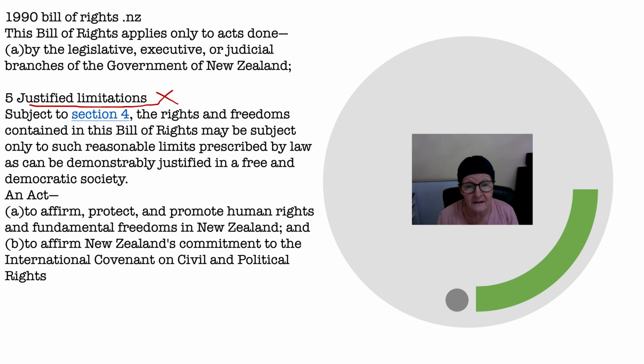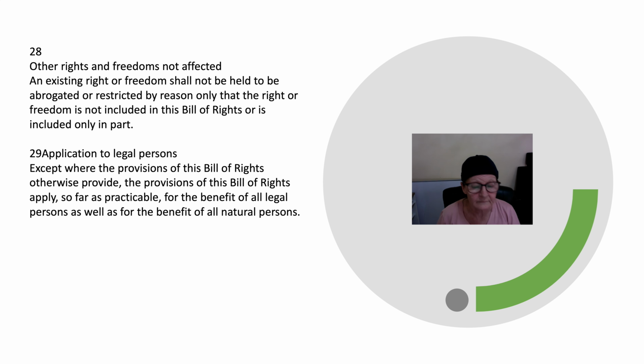You all have to understand, or you all need to know where you need to be standing. Where is your solid ground? And this is the 1990 Bill of Rights is to affirm New Zealand's commitment to the International Covenant on Political Rights of other religious leaders. But we better be careful with that one, I'm telling you. Now, if you go to the 1990 Bill of Rights, you will go right down to the bottom.